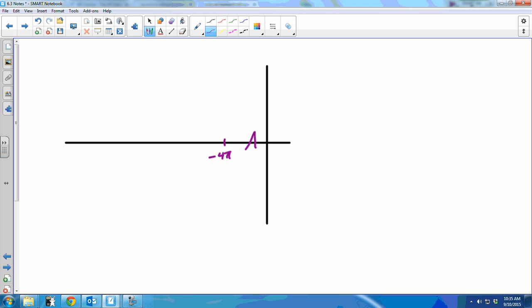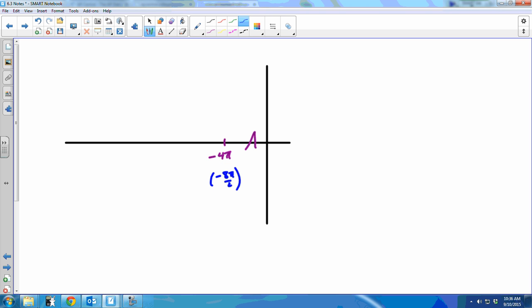Again, I want to hit the pi's and the halves in between. Okay? So if I was going to write negative 4 pi as a fraction of a half, negative 4 pi is also what? Negative what over 2? Negative 8 pi over 2. That's what I'm keeping in mind the entire time because I'm counting by a half each time.